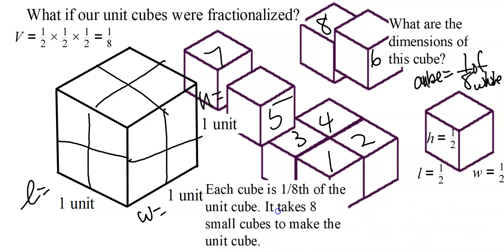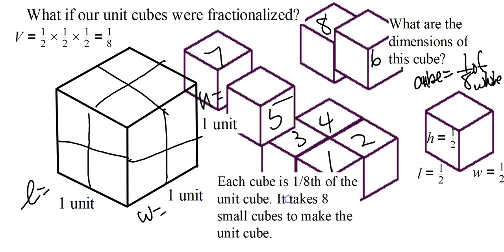So I want you to see this, that each cube is 1/8 of the unit cube, and it takes 8 to make the whole entire unit. So now, if I find the volume of just this little cube, I really am using the same formula, but instead of whole numbers now, I have fractions.